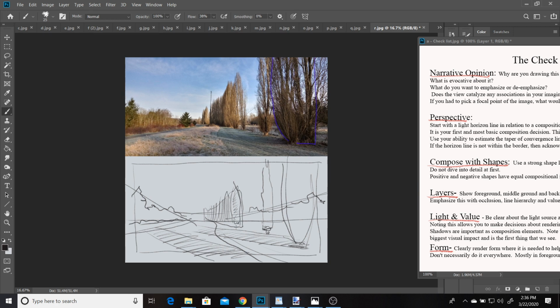We start to see kind of the form that's going on there with that. And then horizon, distant darks. And then big foreground darks.